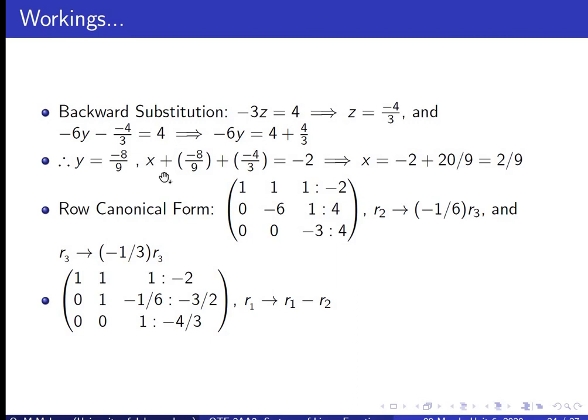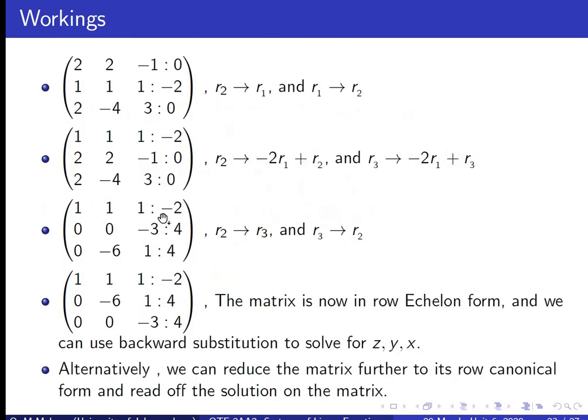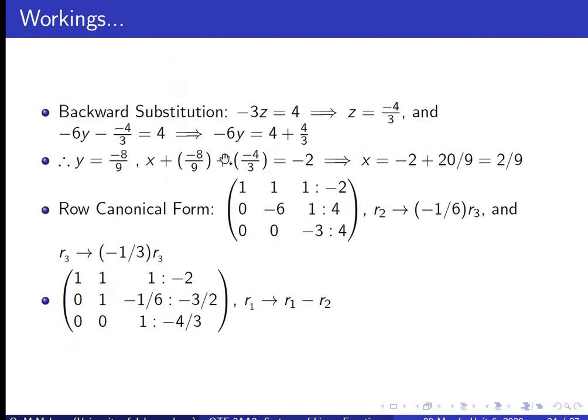I have my y, I have my z. I substitute back into the first equation, x plus y plus z is equal to negative 2. With algebraic manipulations, I arrive at x is equal to 2 over 9, right?